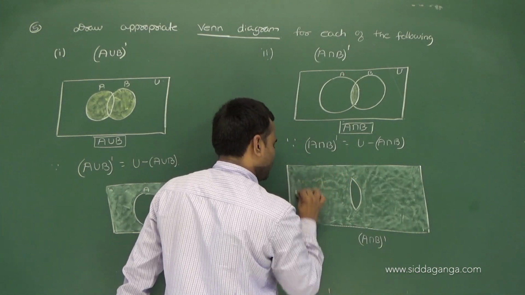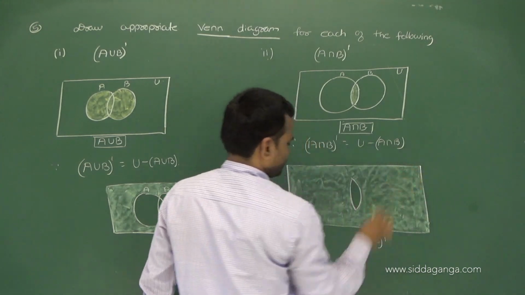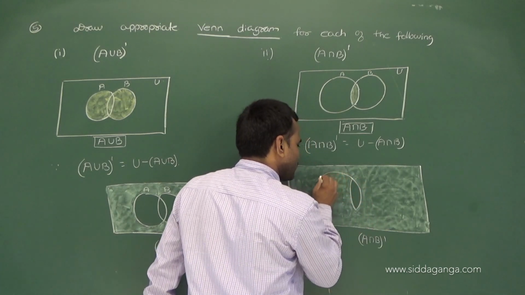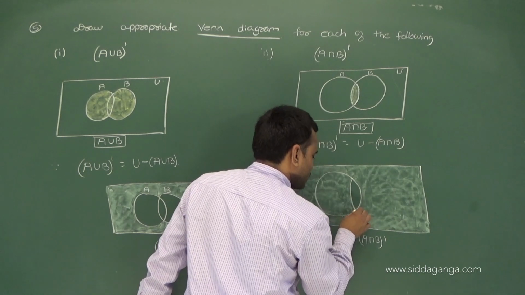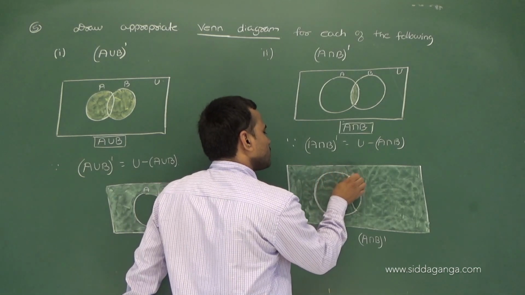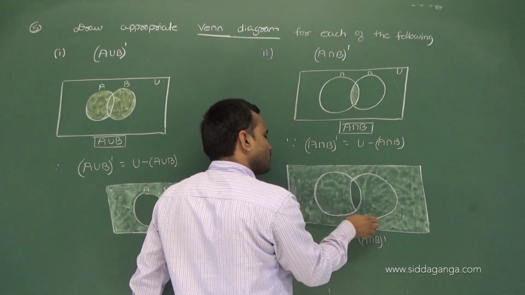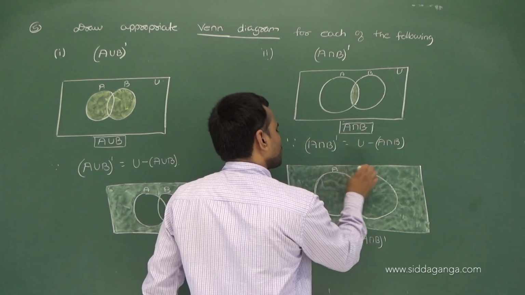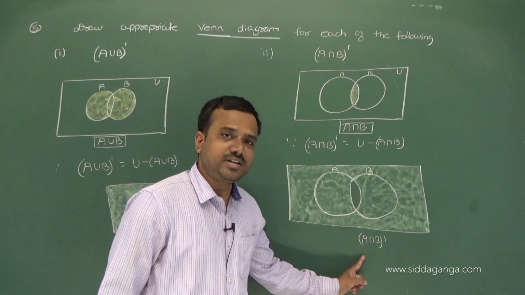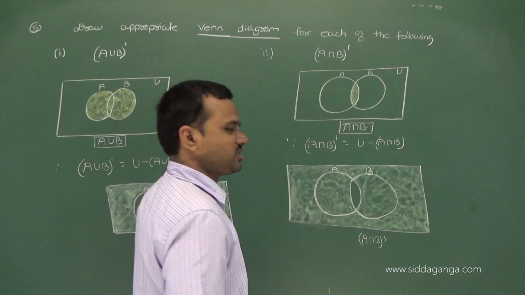Once again, I draw the circle. Observe, this is (A intersection B)'.